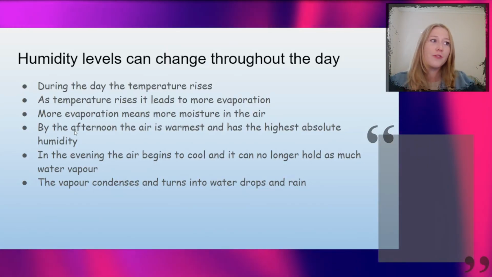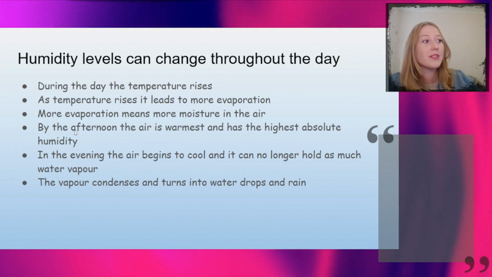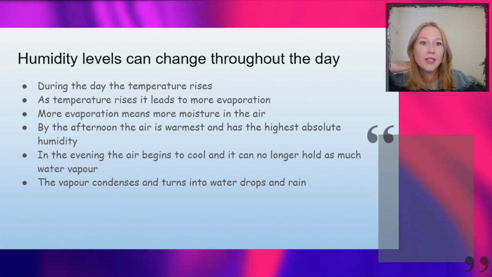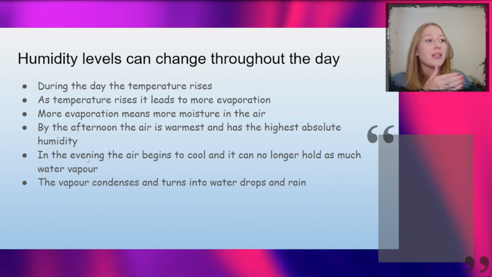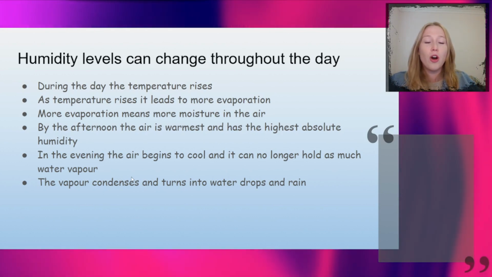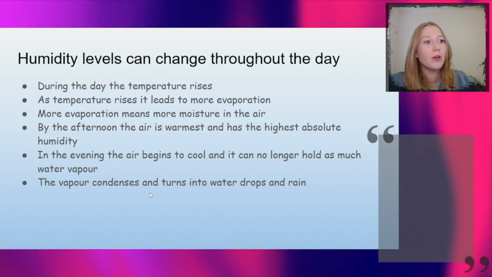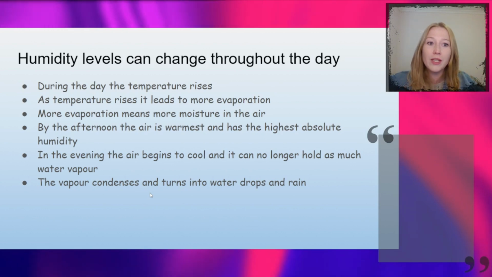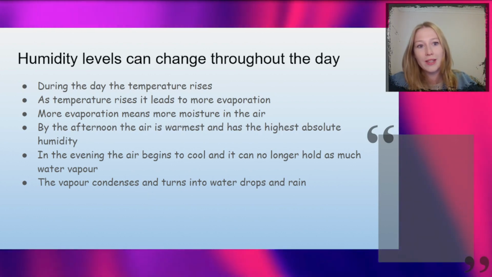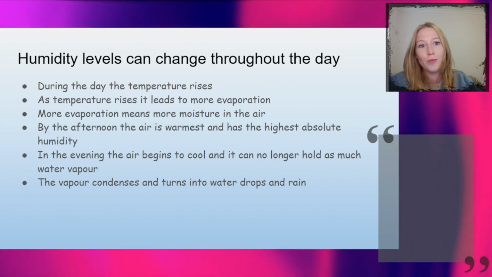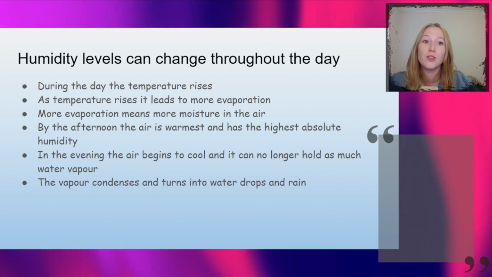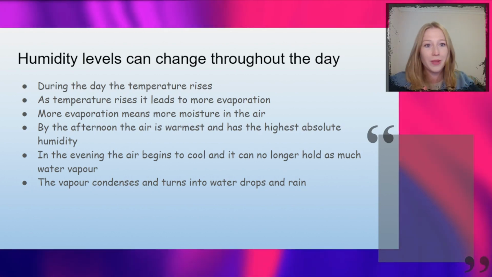Okay, so by the afternoon, where it is the warmest, it has the most water in it, and as it begins to cool, it can't hold as much anymore, and the humidity will increase, so we have rain clouds or clouds that could form. This is one of the ways that a lot of thunderstorms occur in very warm areas.